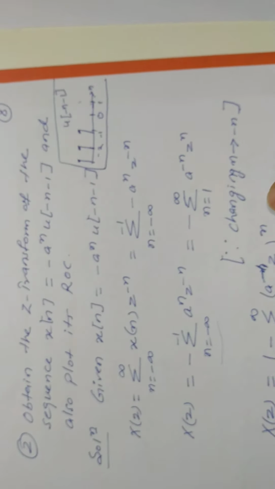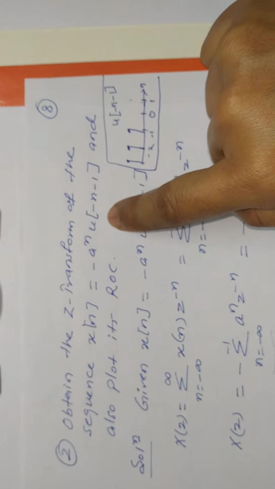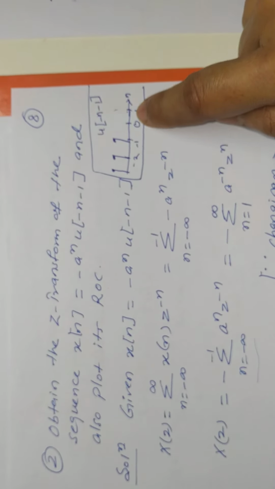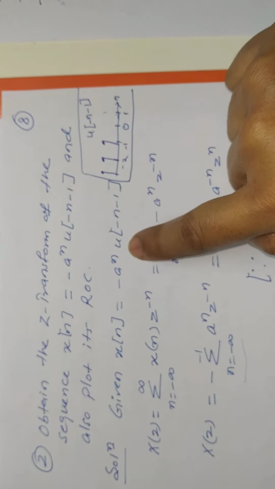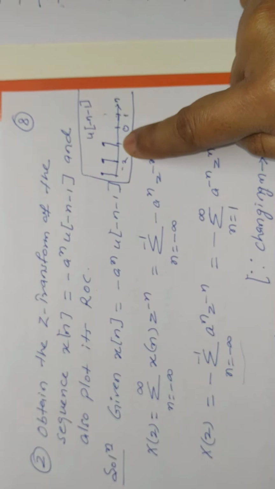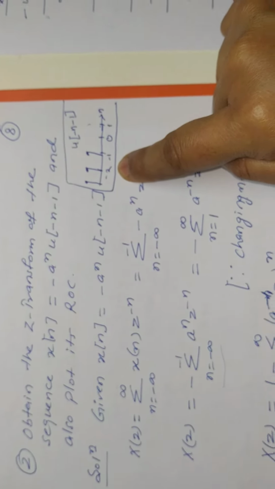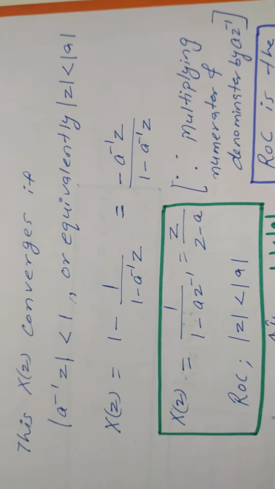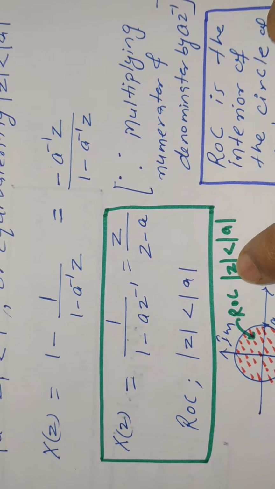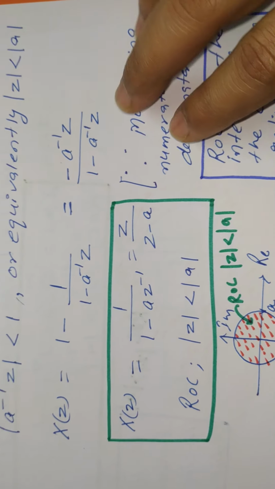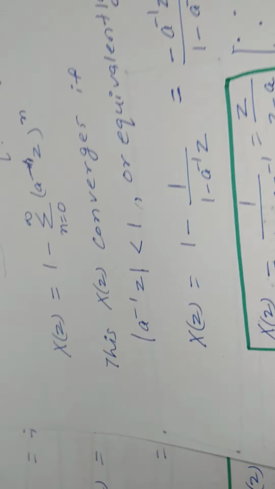Hence we can conclude that if the sequence is a left-sided sequence, that is, for negative values of n the sequence exists, the ROC will be mod of z less than mod of a. So these are the two examples that we had seen in the previous lecture.